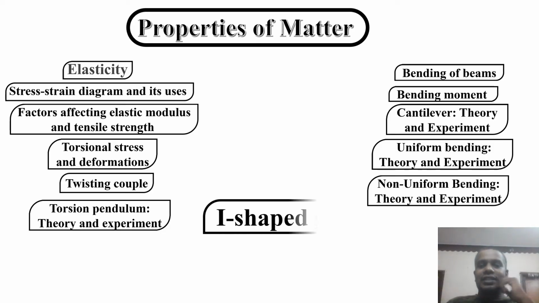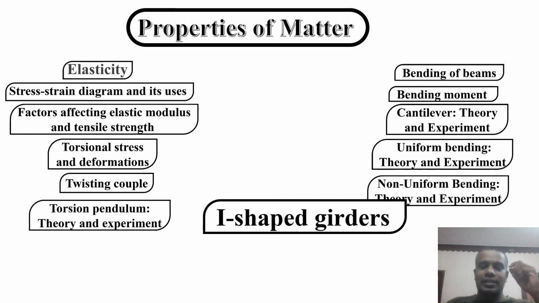After this topic, the final one is the I-shaped girders. Once we have the bending moments, cantilever, uniform and non-uniform bending, then we are ready to do the I-shaped girders, because I-shaped girders have vast application in many areas, even in civil engineering.